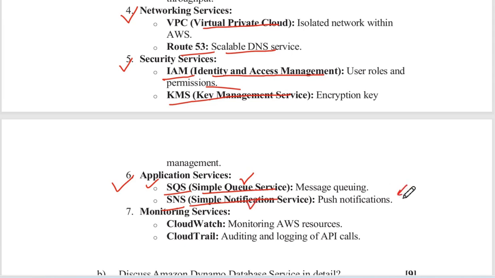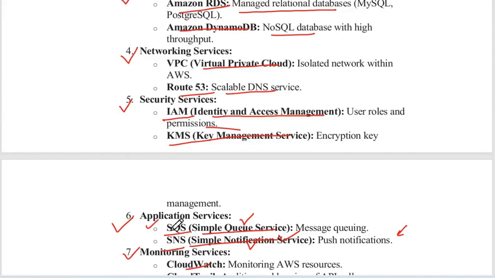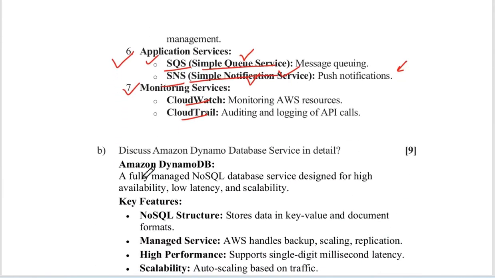The push notifications that we get on different applications, like a product delivery application or food delivery application, use this service, SNS. Next is monitoring service, that is CloudWatch and CloudTrail. These answers are sufficient.